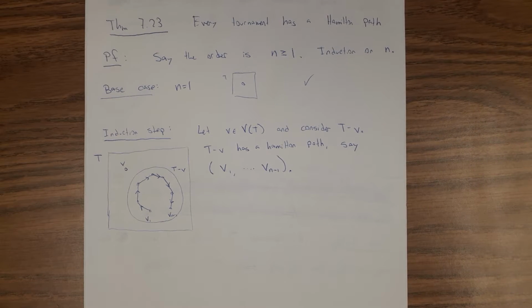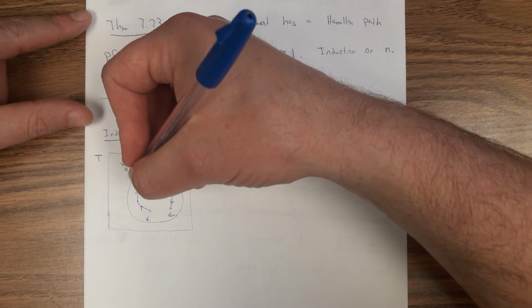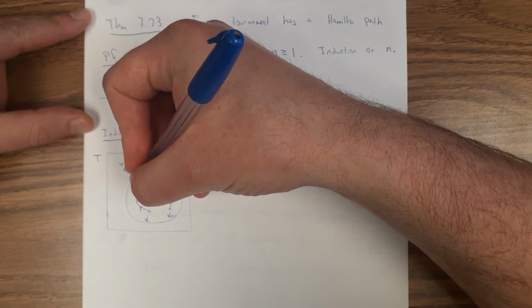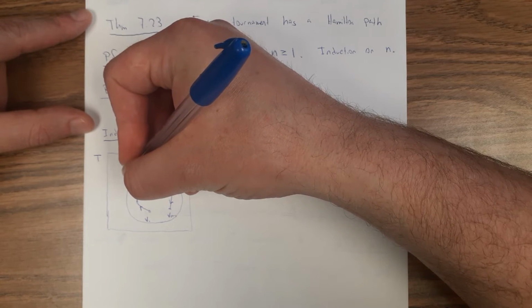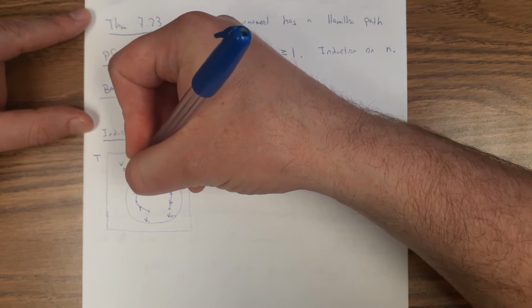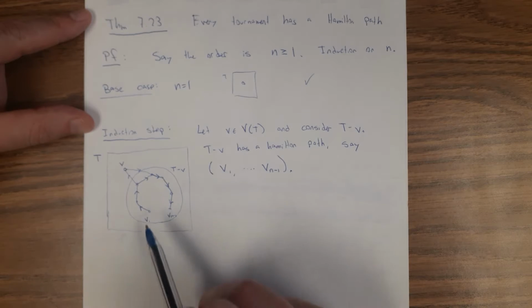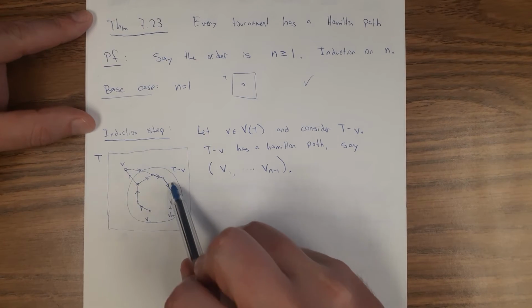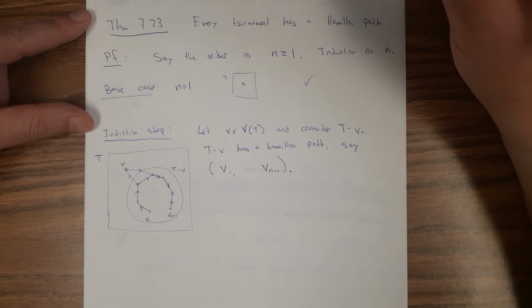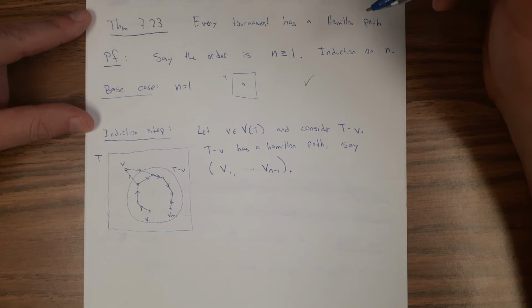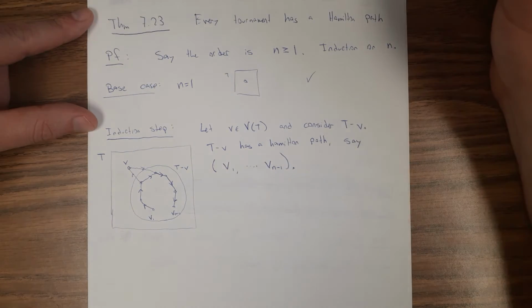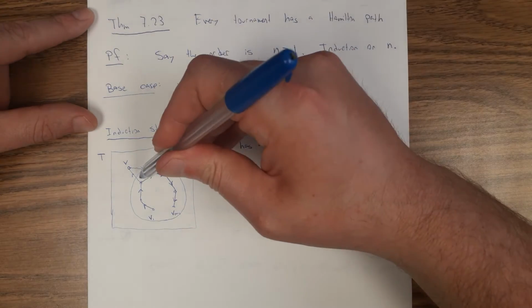For the purpose of the picture, I'll just draw on top of this. What I'm really looking for is something like this. Then my path would go like that, and that would be a path using every vertex in the whole tournament. So I just have to show that I can find something like this. And what do I mean specifically?